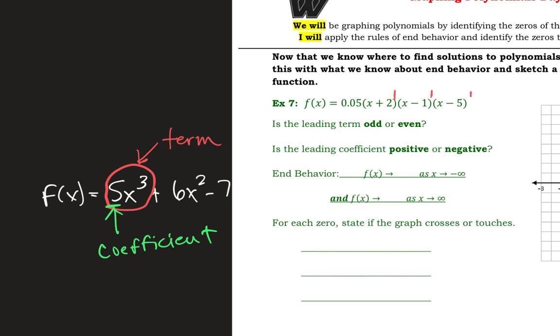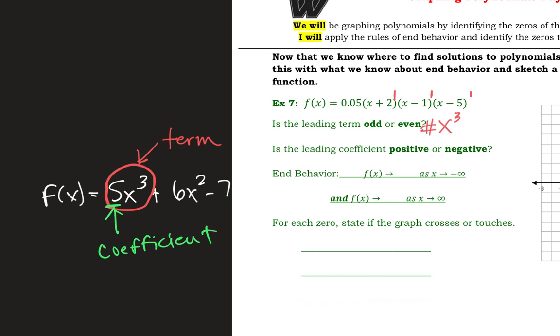Now, I don't know exactly what the leading term is going to be, but we do know the leading coefficient is going to be what we pulled out, and it's going to have x to the power of the sum of these. So we add 1, 2, 3, and our exponent on the variable is going to be x to the third, with our number in front.